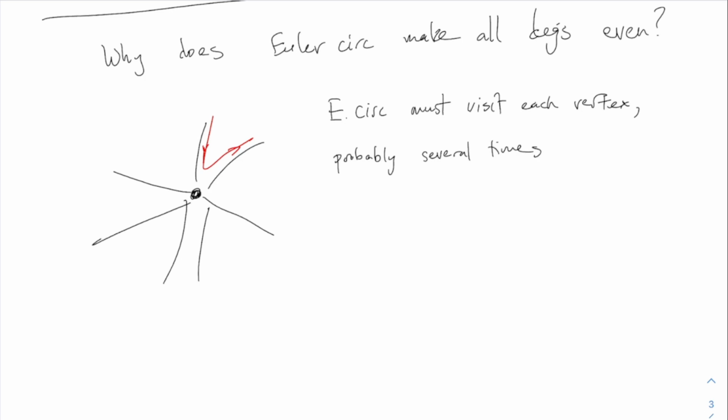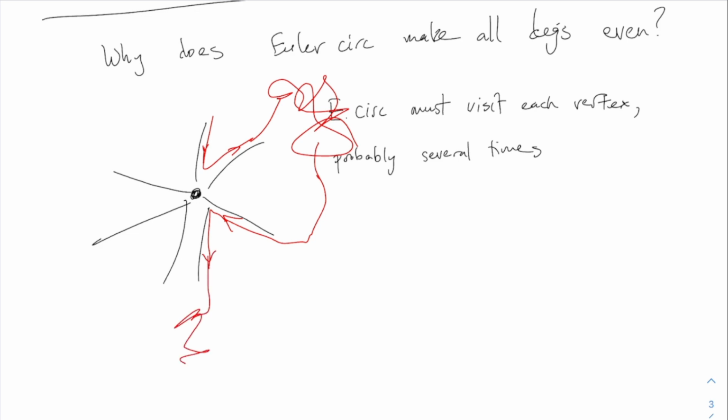The Euler circuit, if it exists, has to visit each vertex probably several times. It comes in along one edge and it goes back out along some other edge. All right? And then later on, it's going to come back here along one edge and come back out along some other edge. So maybe it does that, and then over here it goes around somewhere else, right? Eventually, it comes back along here and back out through here, does some more stuff.